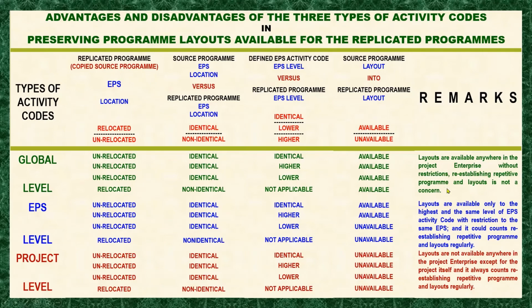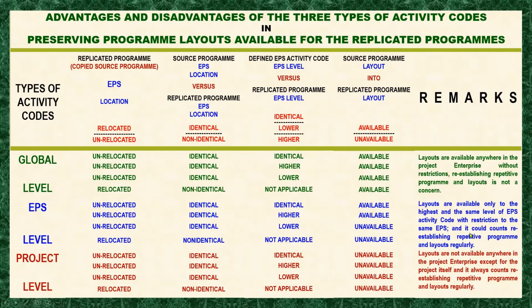because the layout of the source program is always copied or carried into the replicated program, okay? But in the EPS level, it has a slightly different case. Layouts are available only to the highest and the same level of EPS activity code, with restrictions to the same EPS. So you have to count on reestablishing a repetitive program and layouts regularly.